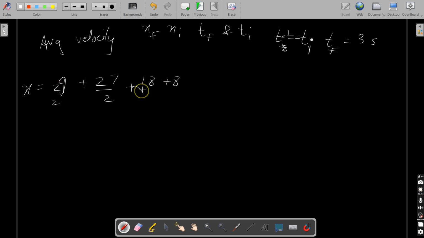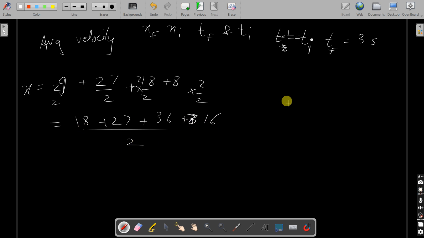If we solve this over a common denominator of 2, we get 18 plus 27 plus 36 plus 16 upon 2.